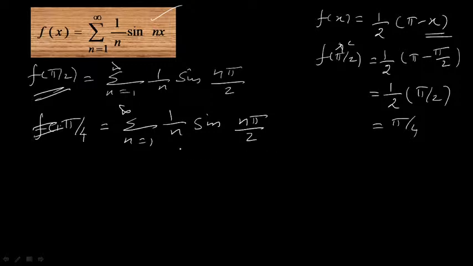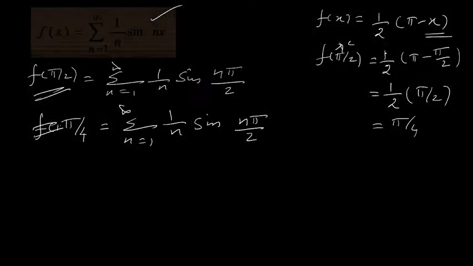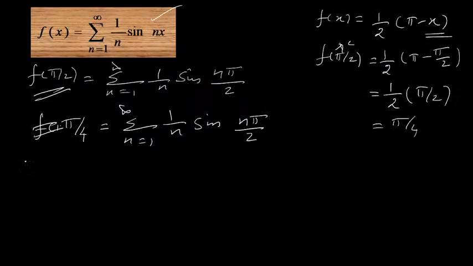What we are going to do next is just expand this series. Look at the problem. In the problem, we have to write down the first 4 terms, that is 3, 5, 7. Up to the 7th term we are going to write. So now pi by 4 is equal to sigma n is equal to 1 to infinity.